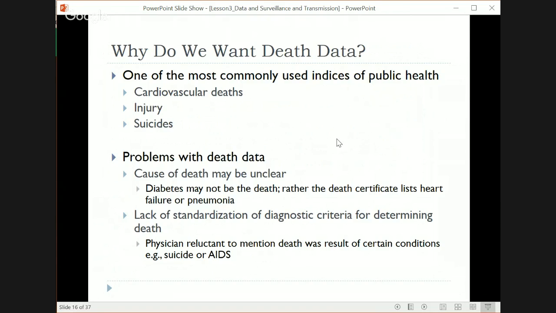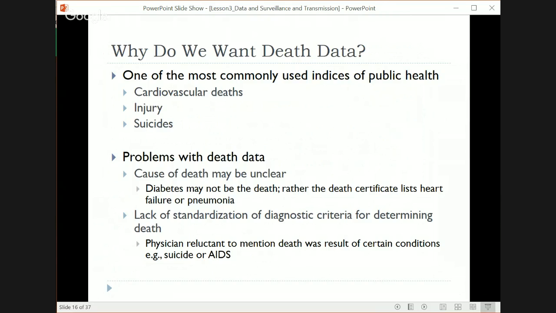The other problem with death data is the lack of standardization of diagnostic criteria for determining death, which is circularly related to the cause of death being unclear. Sometimes people won't want to record the actual cause of death. Some physicians might be reluctant to mention that a death was the result of suicide.